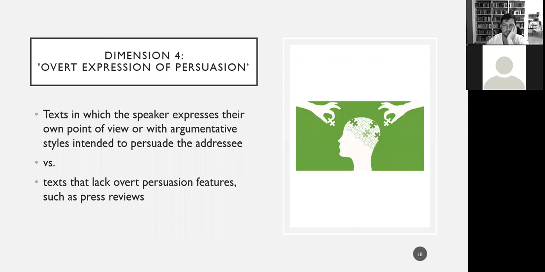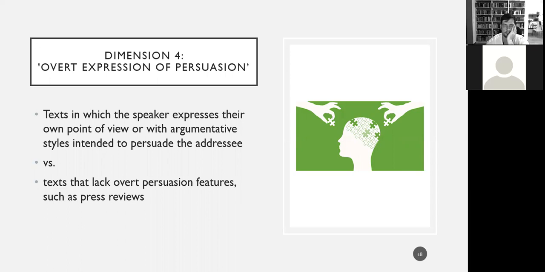The fourth dimension, overt expression of persuasion. It involves, on the one hand, texts in which the speaker expresses their own point of view or argumentative styles and intended to persuade the addressee, like, for example, in face-to-face conversation.